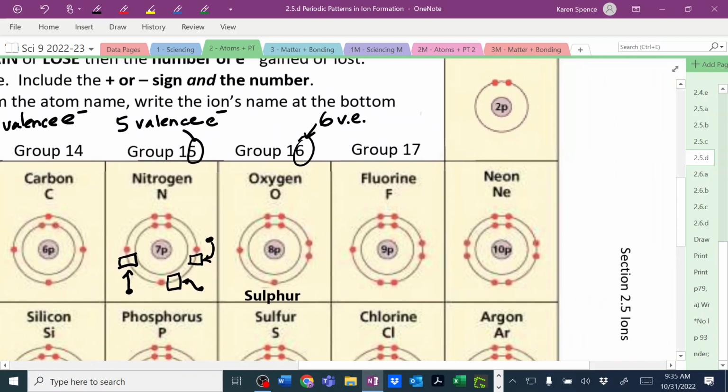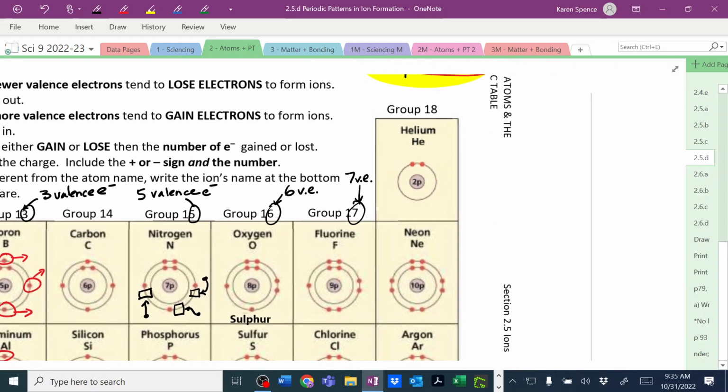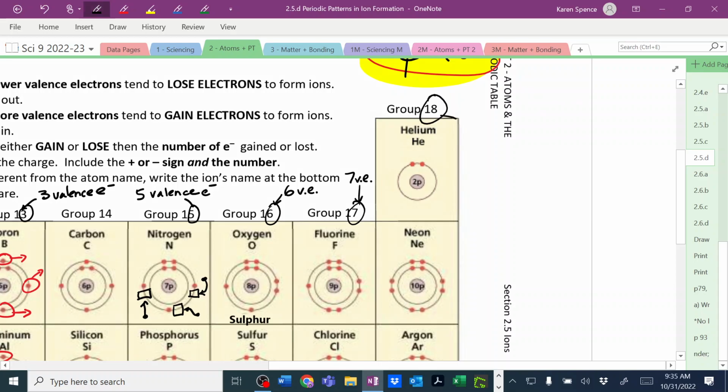Group 17 has 7 valence electrons. And then group 18 just has a full outer shell. So helium has 2, neon has 8, argon has 8, etc.